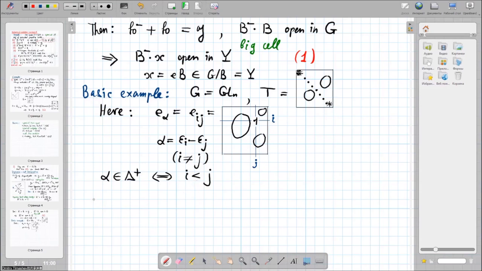The Borel subgroup is what we already know. It is a group consisting of upper triangular matrices.